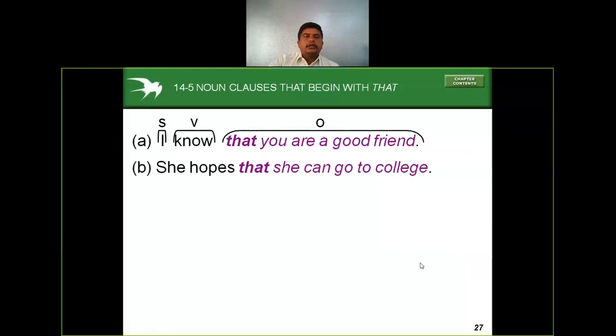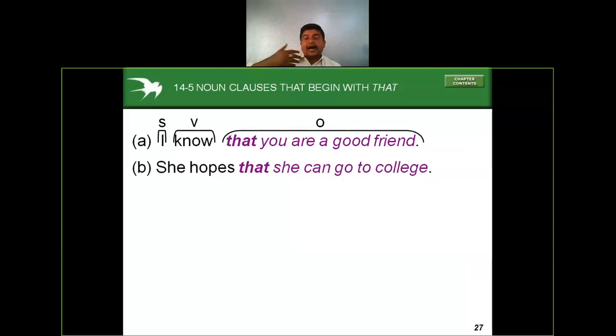Right? She hopes that she can go to college. She is the subject. Hopes is the verb, that too in the third person singular. When the subject is in the third person singular, the main verb ends with s or es. She eats food.